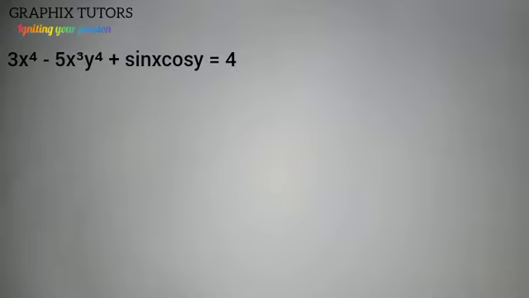If you differentiate 3x to the power of 4, what you'll have is 12x cubed. How? If I have 3x to the power of 4 and I want to differentiate it, the 4 at the power will come down to multiply the base.